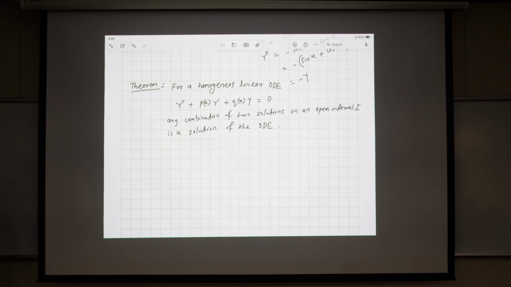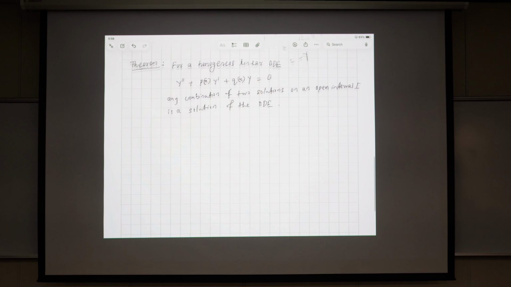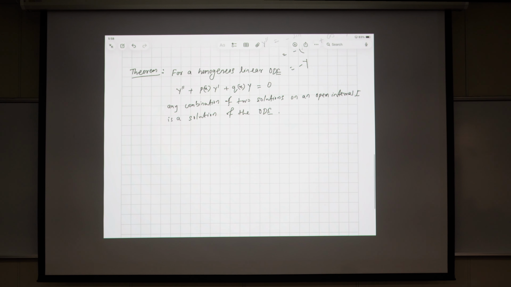Now one thing is missing here: I have not added the constants. If I go back to the same problem, the solution was y is equal to sin x plus cosine x. We tested this one and it works.